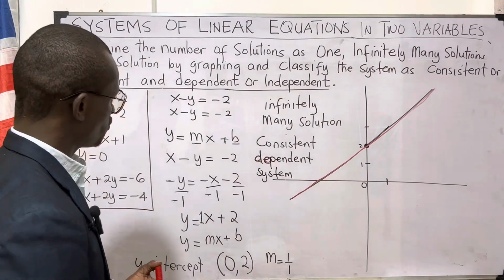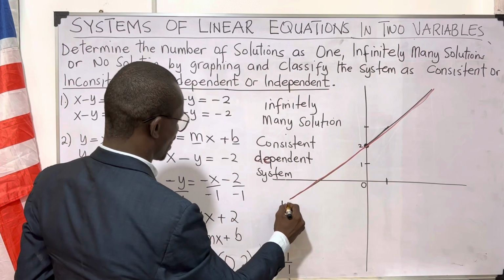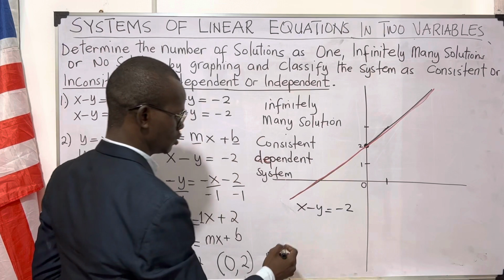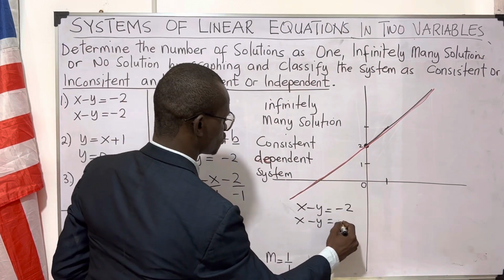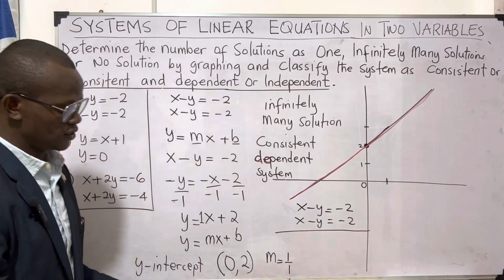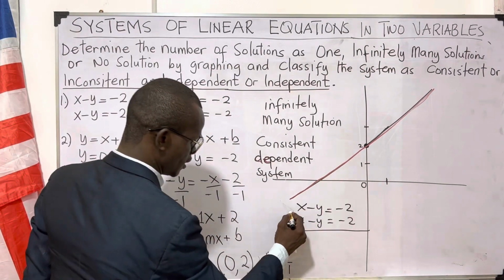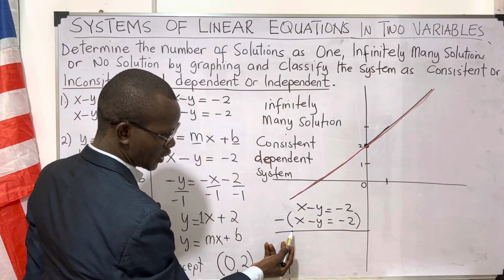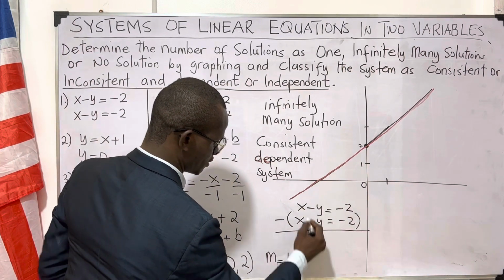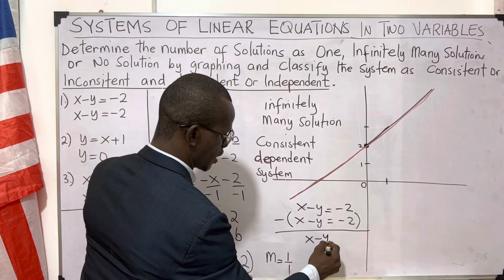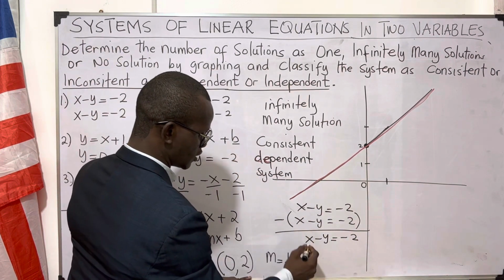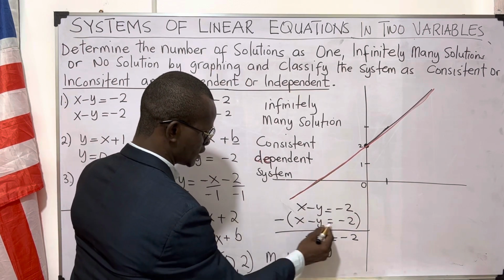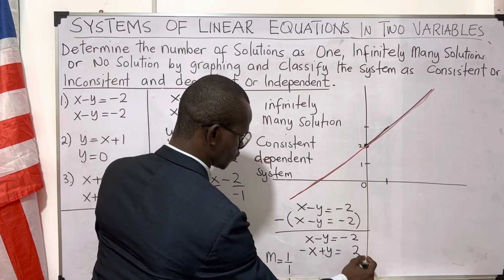If we were to solve this, x minus y equals minus 2, x minus y equals minus 2, using the elimination method, for example, we put a negative right here so that we change the signs. We rewrite the first equation, x minus y equals minus 2. The second one becomes minus x plus y plus 2.